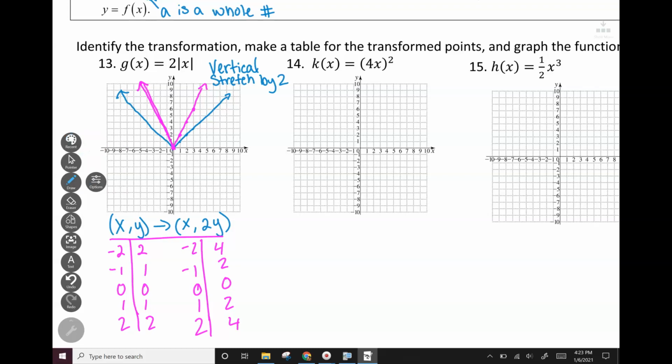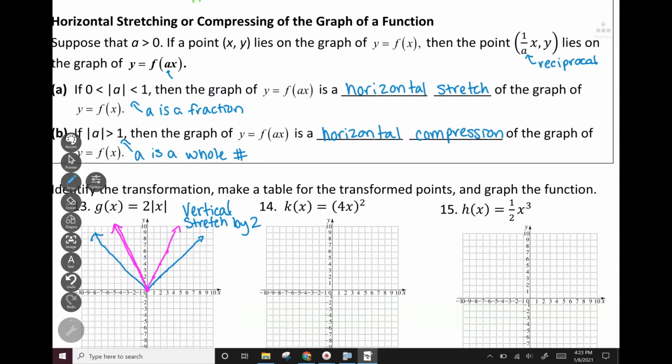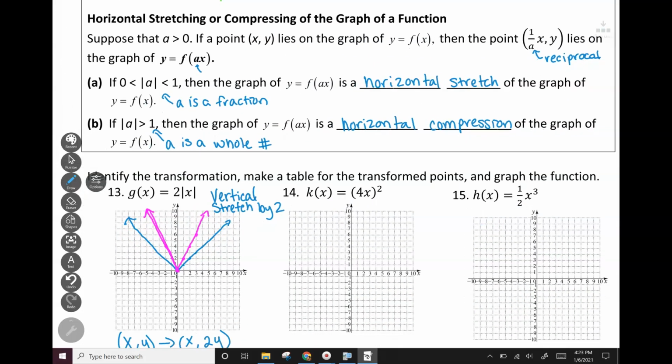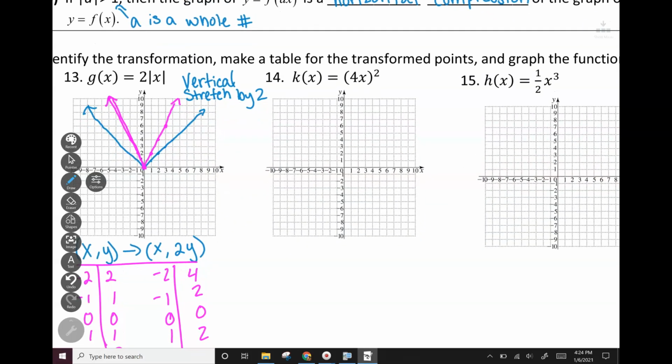All right, next one. This time our 4 is on the inside of the parentheses, so it's inside the function. So this one is going to be horizontal. It's a horizontal and it's a whole number, a number greater than 1. So that's going to be a horizontal compression. When it's a whole number, it compresses.